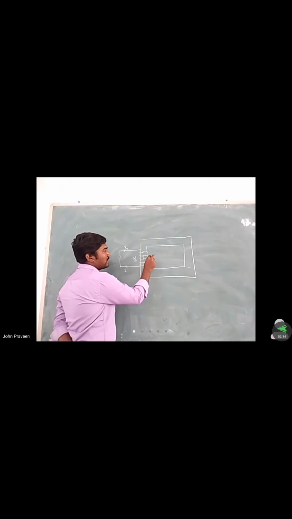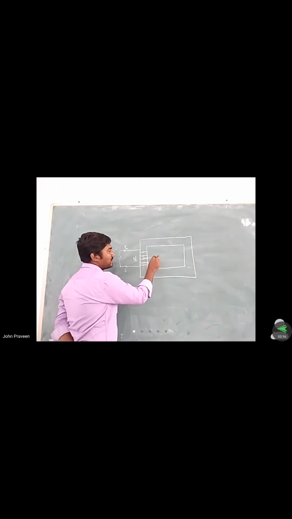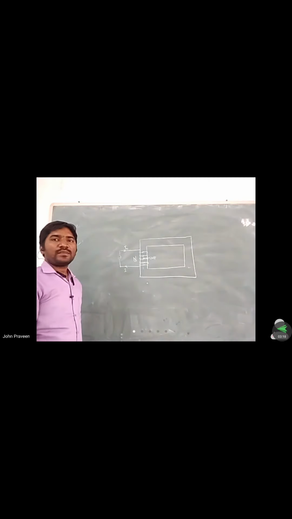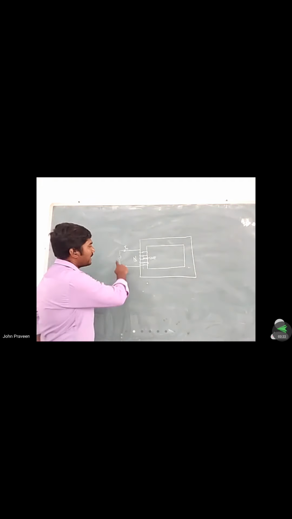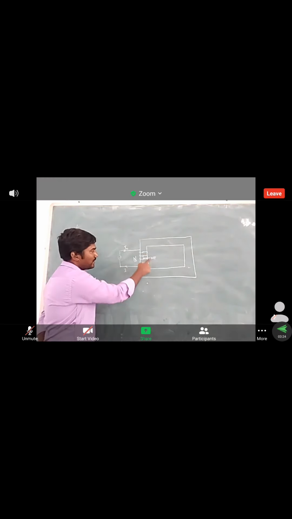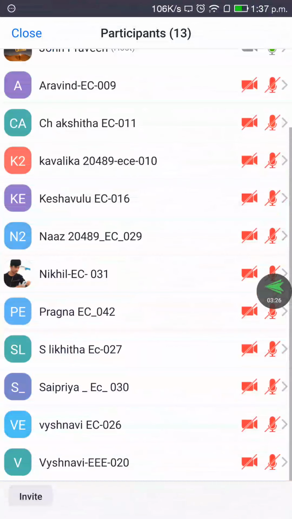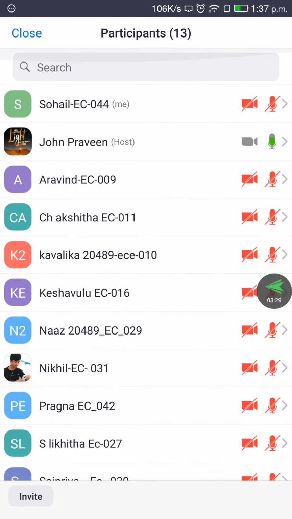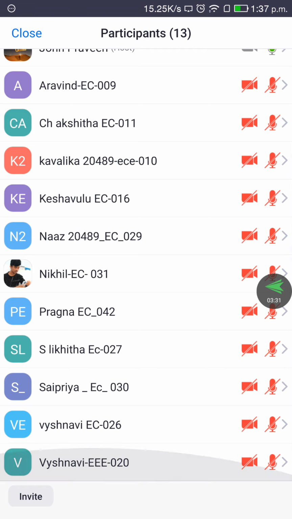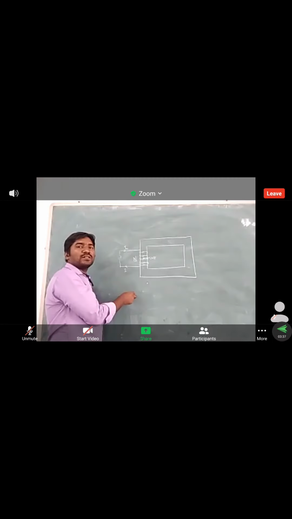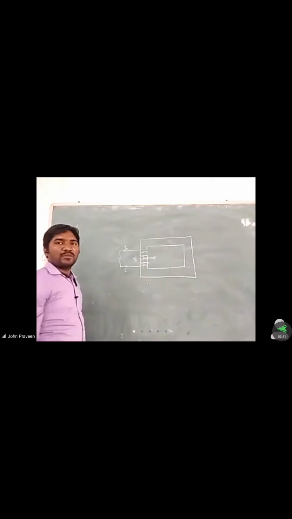Is it stationary? No, because the continuous supply flows through the winding, which results in electron movement. Similarly, the magnetic field will also start moving. Which path is possible? There are two possible paths.